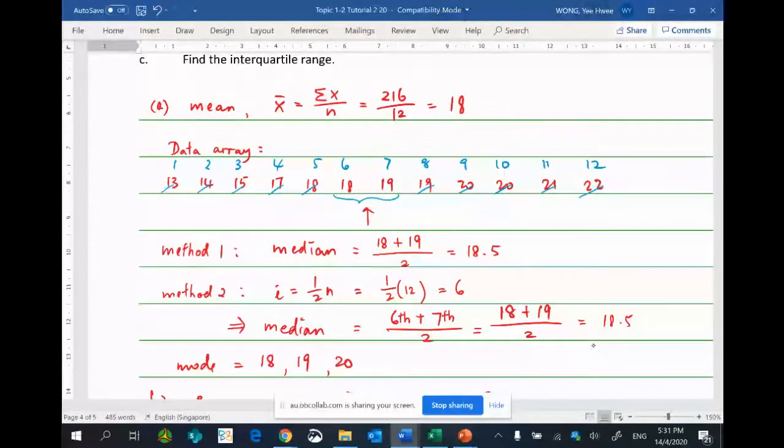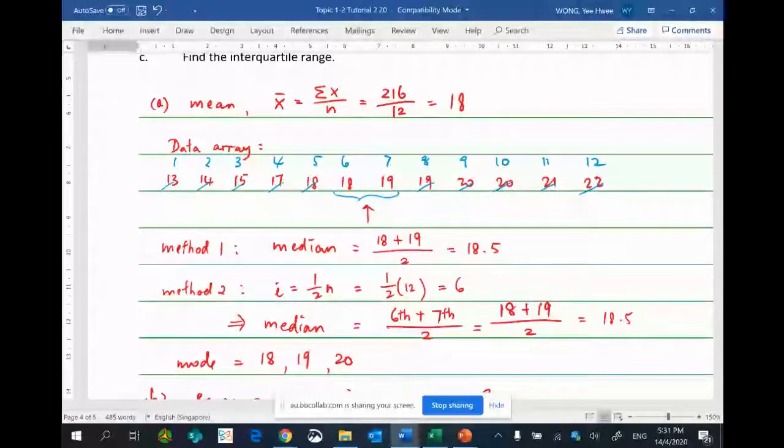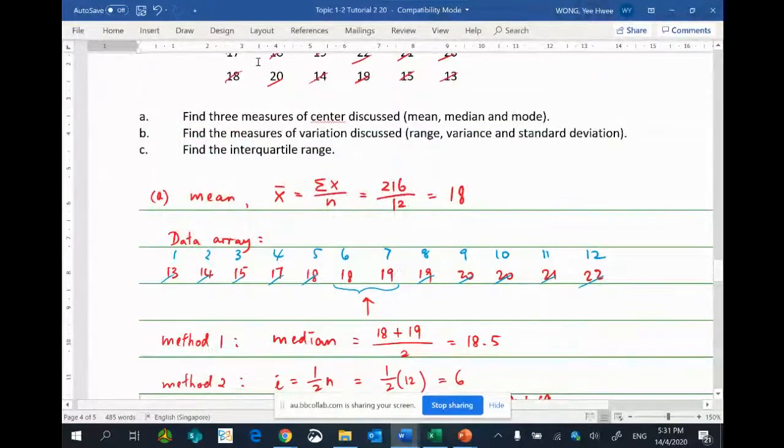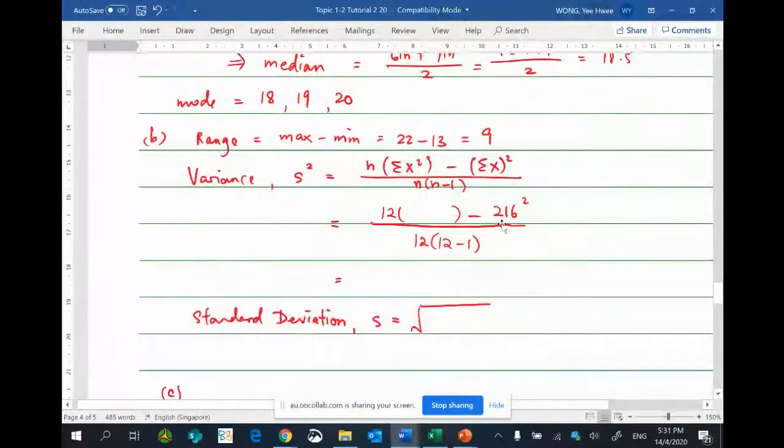You add up all the x's, you should get 216. And n is 12, and you have 12 minus 1. And this is 216. Okay, 216 comes from the top here. You add up all the 12 numbers, you should get 216.